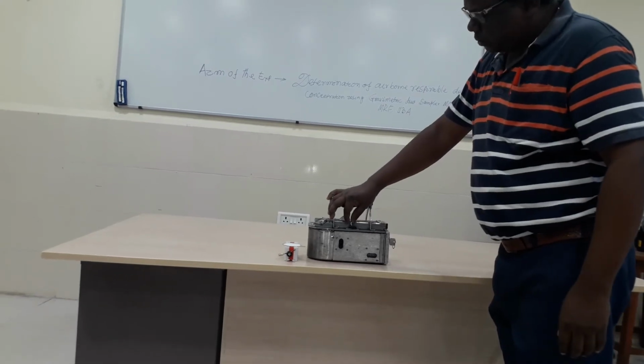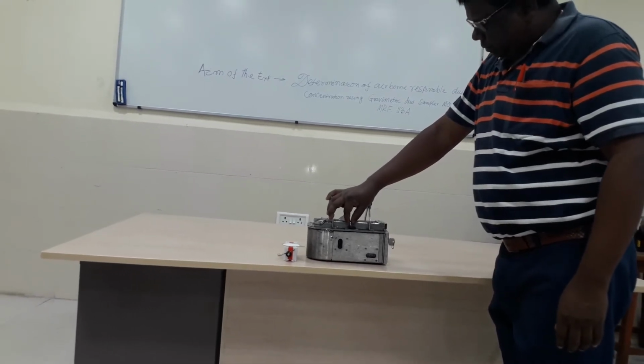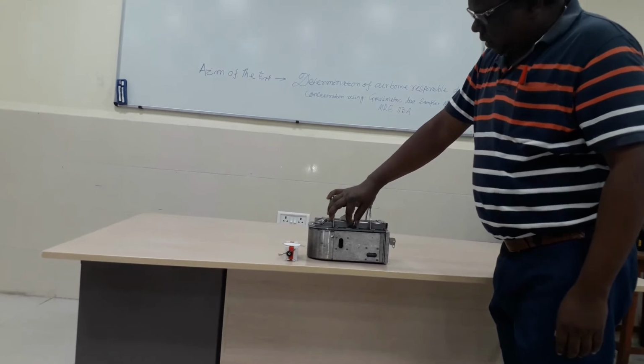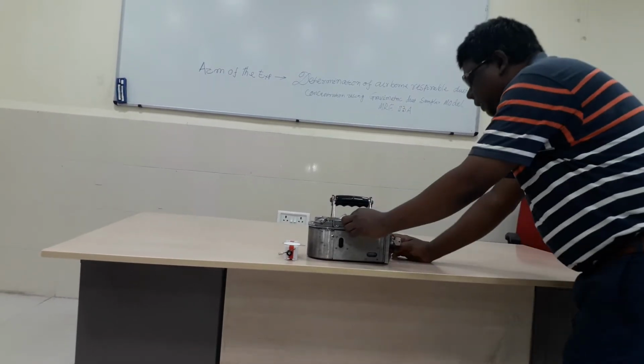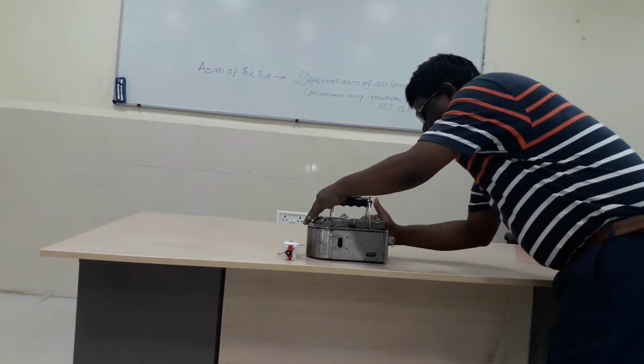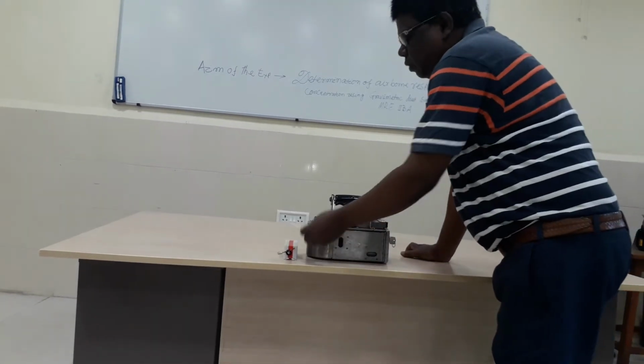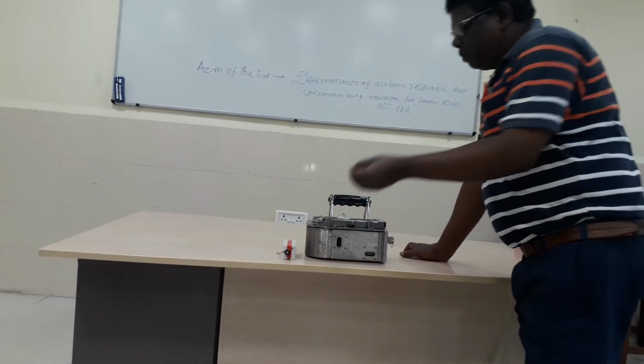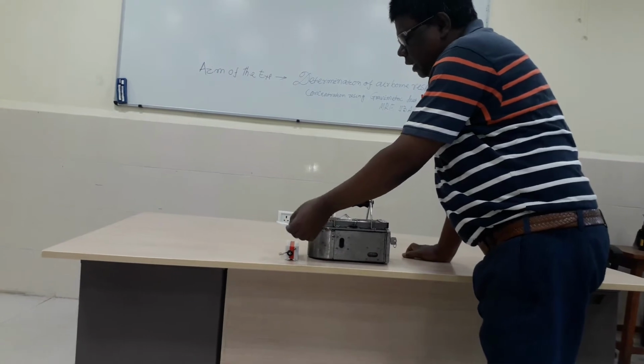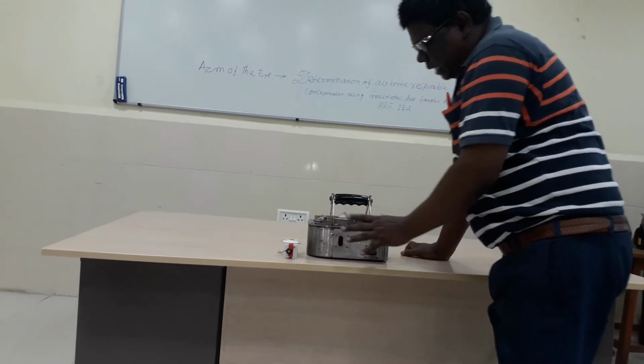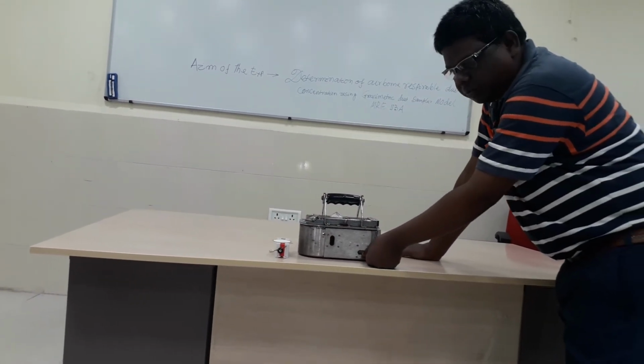After taking the initial weight of the filter paper, place it inside the filter holder, with the liter flow at zero.